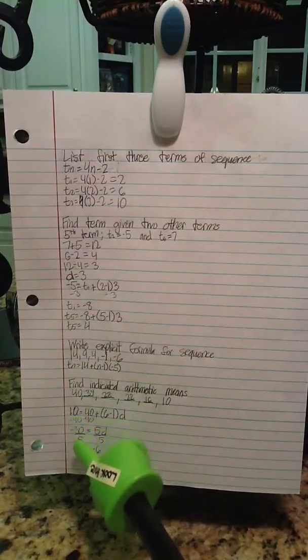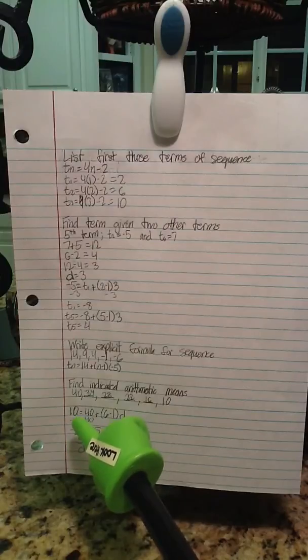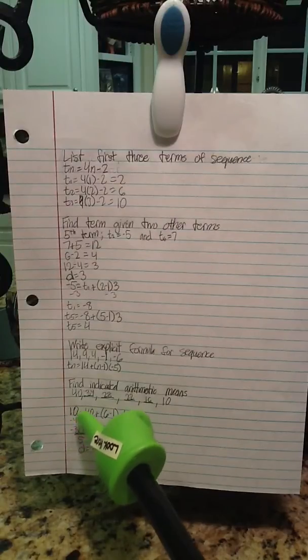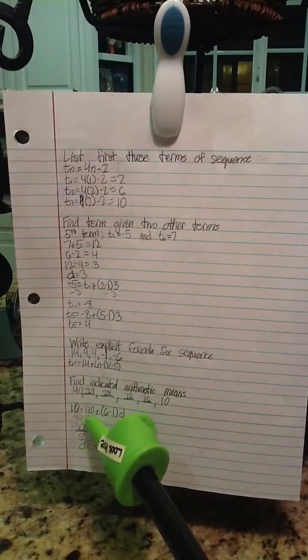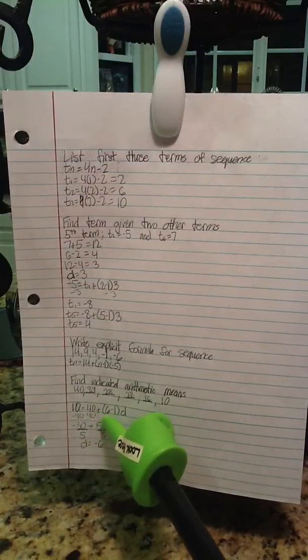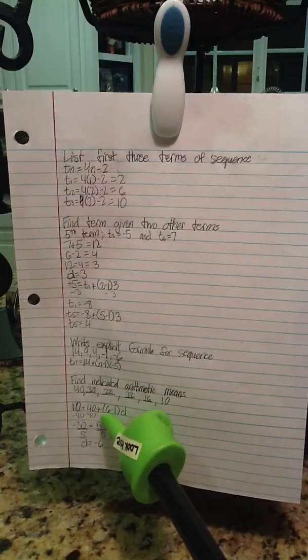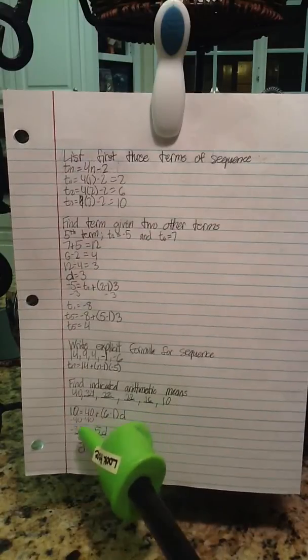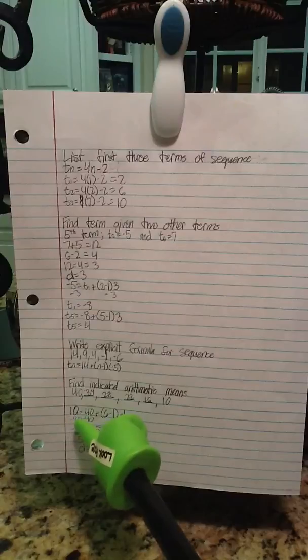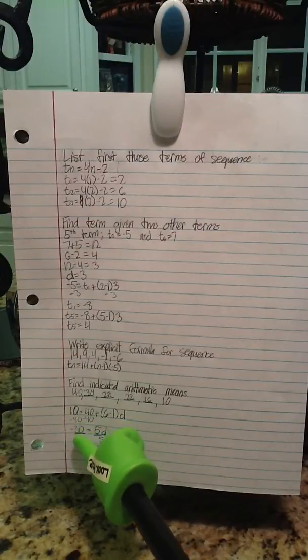So what we do is we use the explicit formula again, and we do the last term, plug it into where Tn would be, equals the first term, which is 40, plus how many terms there are, 6 minus 1, times d, which is the common difference, which is unknown. You subtract 40 from each side, which comes out to be -30 equals 5d, because 6 minus 1 is also 5.